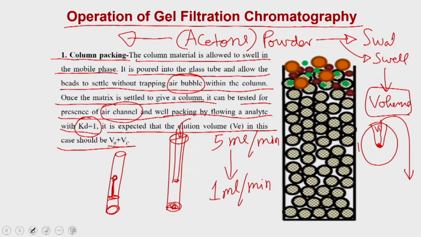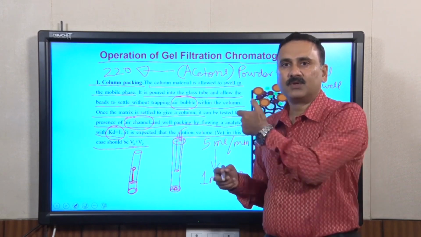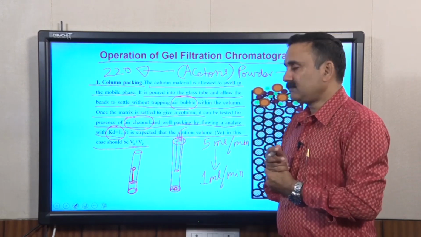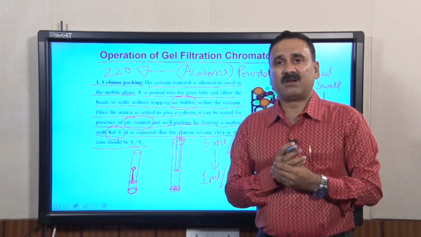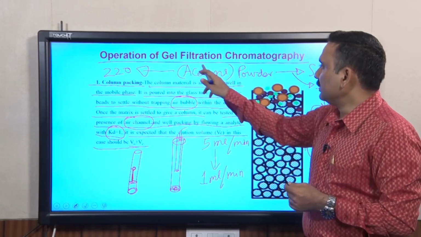Compared to water, acetone absorbs very strongly at 220 nanometer, which is the absorbance for most aliphatic compounds, the compounds which contain carbon-carbon bonds.